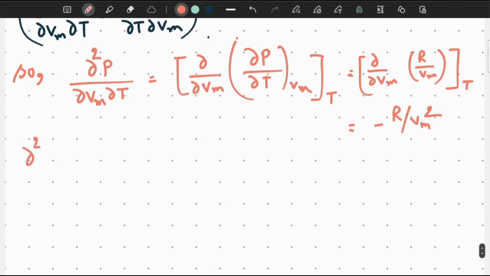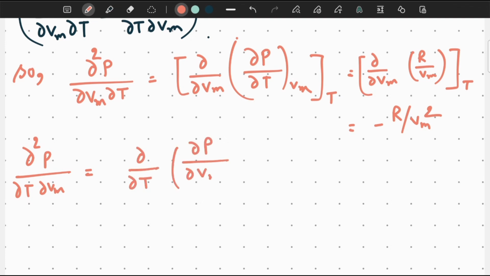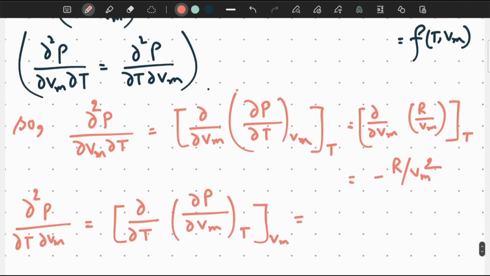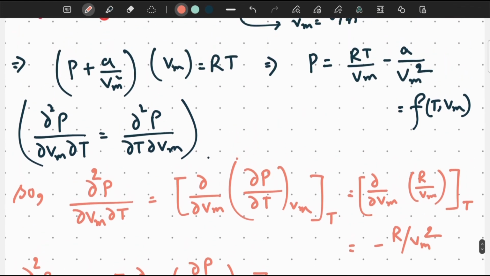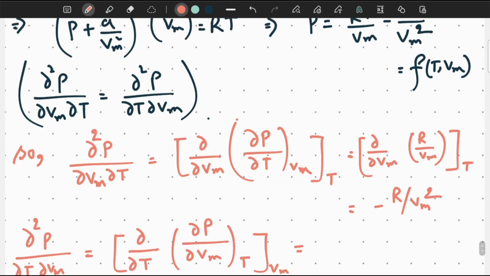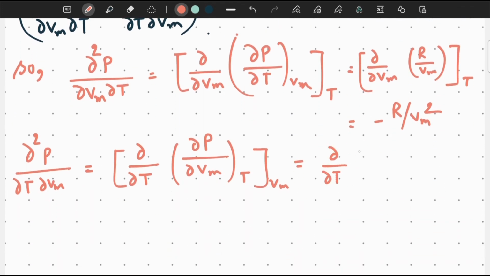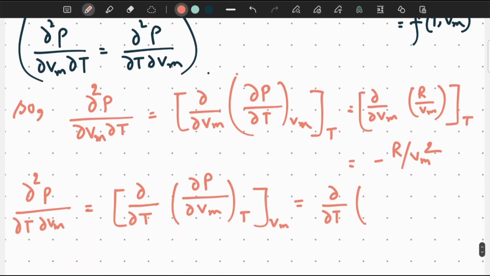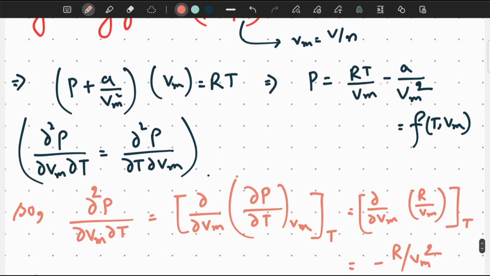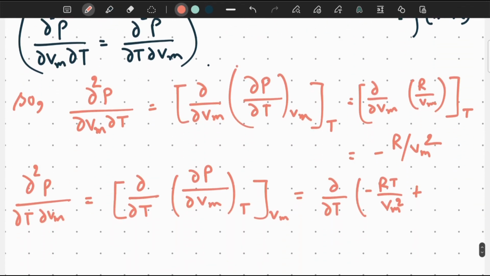Now the second part: you have to take the derivative of P with respect to Vm. So now del/del T of, the first term will be minus RT by Vm square after taking the derivative, and the next term will be plus 2a by Vm cube. Now we have to take Vm constant.